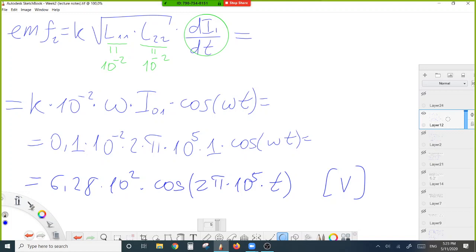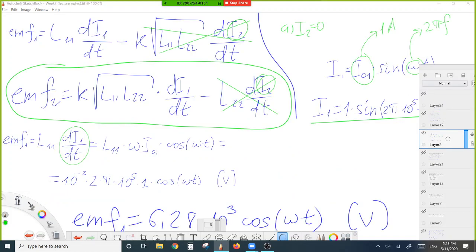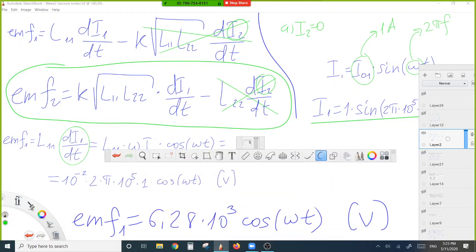Okay, if you pay attention here, we have the amplitude of 628, and in the first coil the amplitude was 6280, 10 times more.